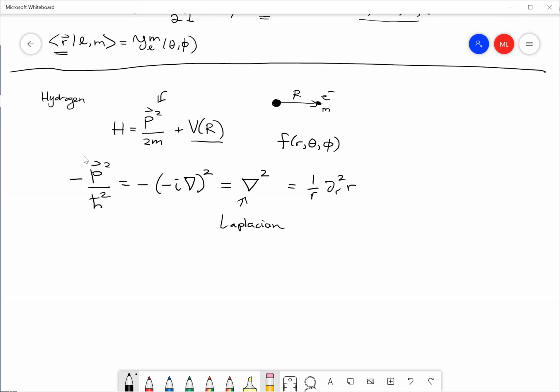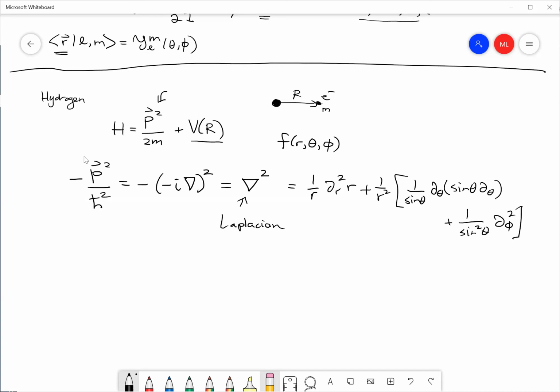And then we have 1 over r squared, and we have 1 over sine theta d theta sine theta d theta, plus 1 over sine squared theta d phi squared.